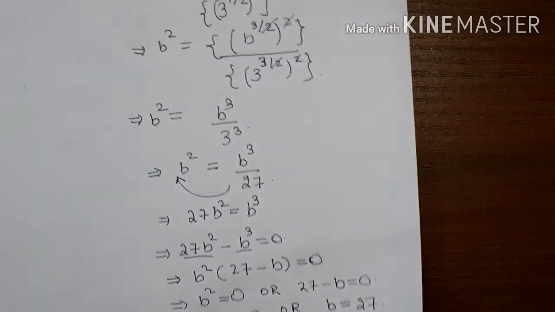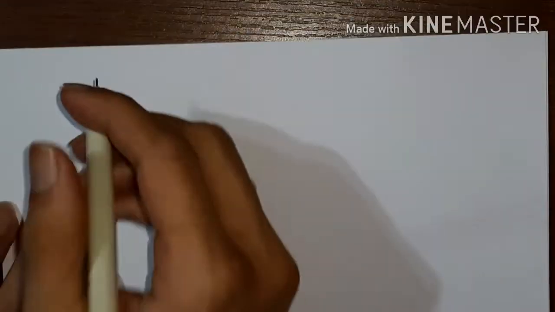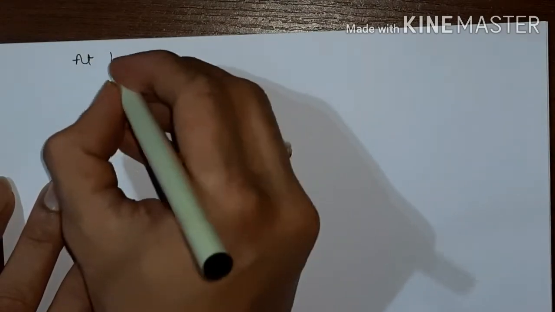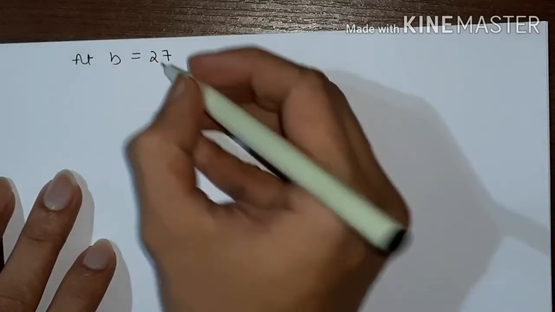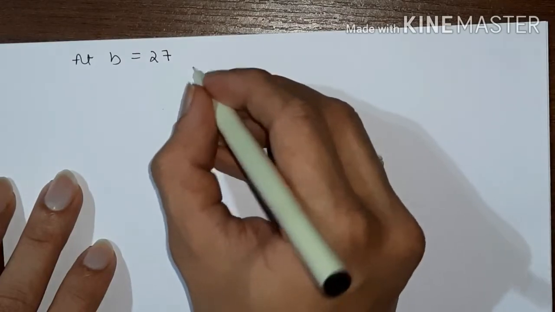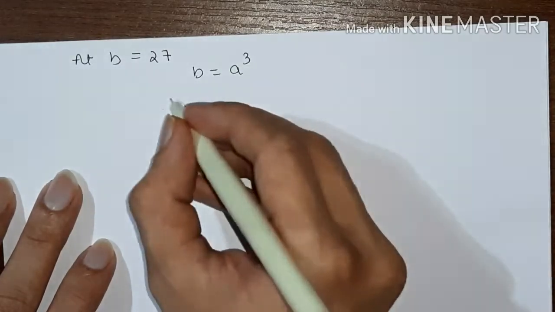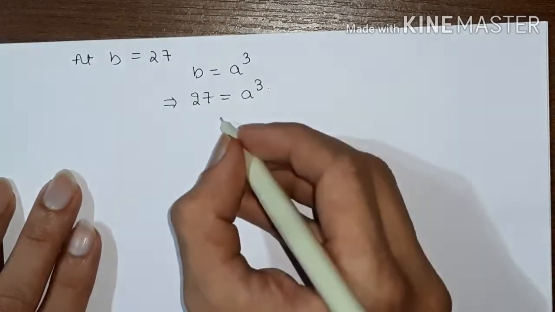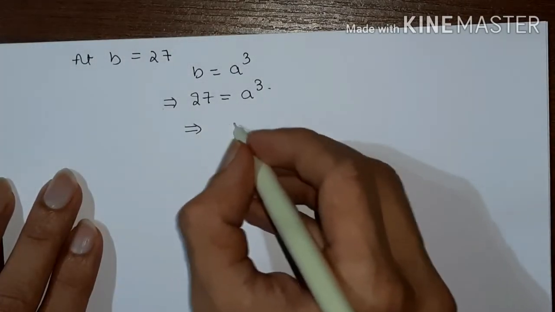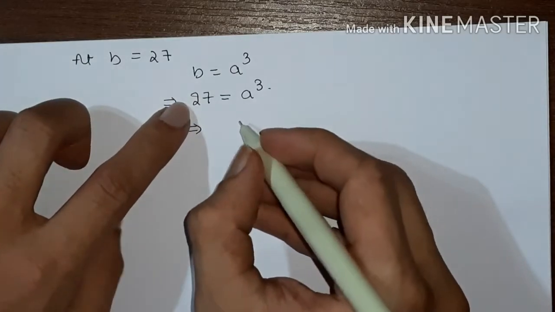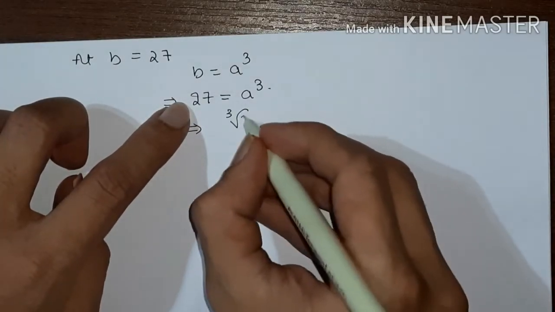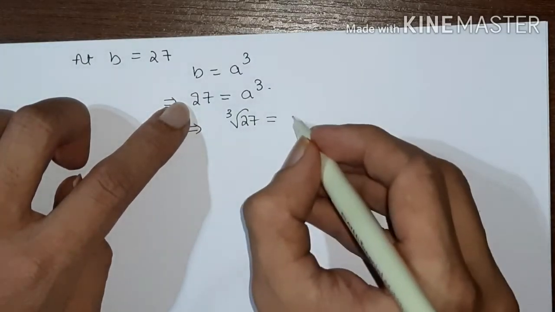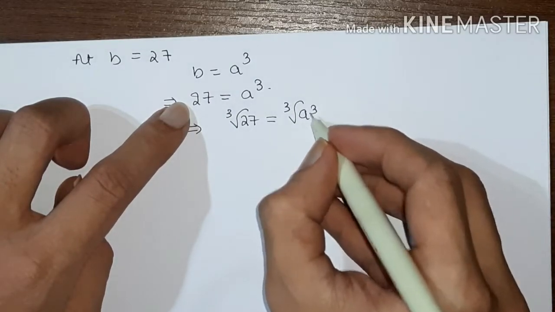Now let us take the second value of b, so that is 27. So at b equal to 27 what you will get, see b is equal to a cube, so that means 27 is equal to a cube, right. So that means if you take cube root on both sides you will get cube root of 27 equal to cube root of a cube, right.